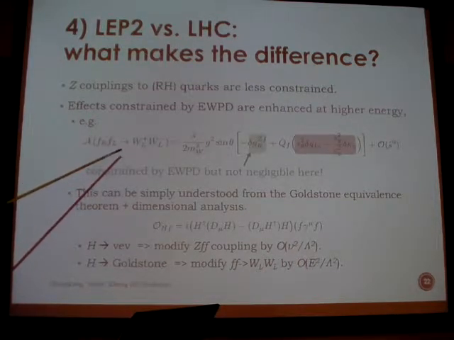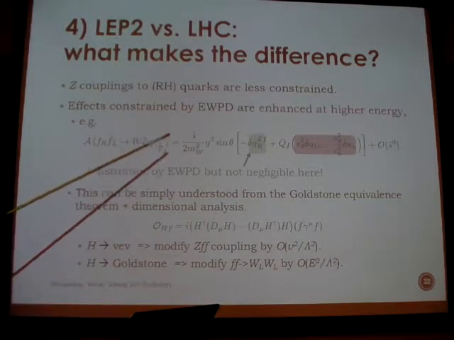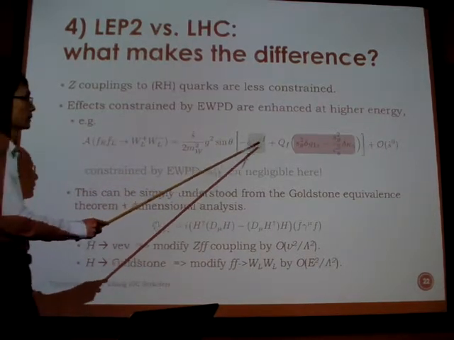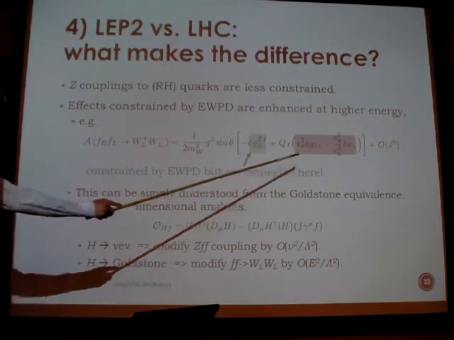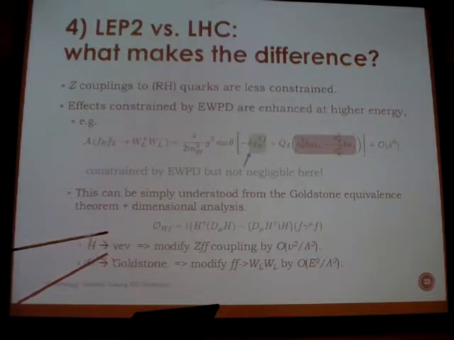This is for longitudinal double gauge boson production from a right-handed fermion pair. And if we look at the high energy behavior in this amplitude, we see that it contains a combination of 3 anomalous couplings. 2 of them are anomalous TGCs, and there is another one, which is the Z coupling to the right-handed fermions.